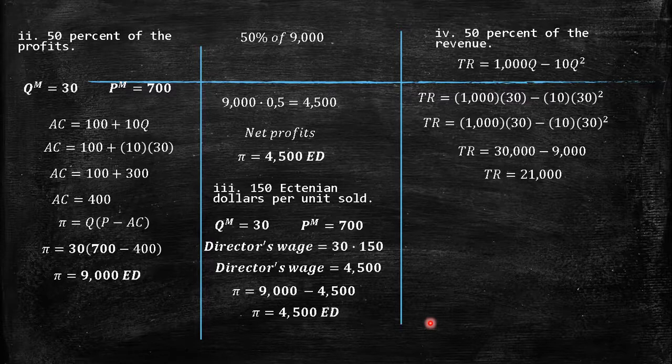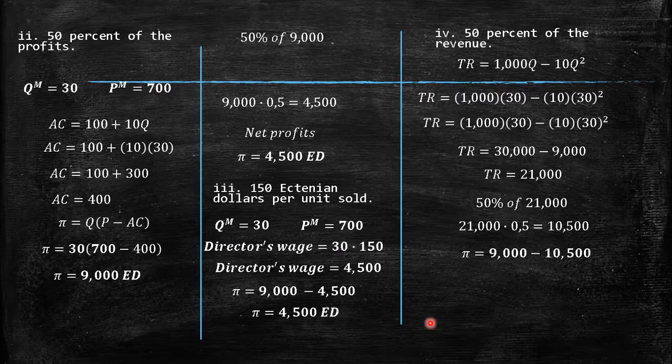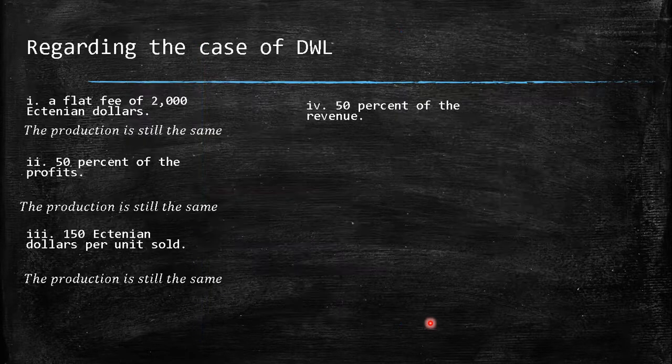Then it should be 21,000 total revenue. Then 50% of this one is 10,500, and the profits, remember, are 9,000. Minus this one should be a loss. Okay, so the first idea, where I just provide a flat fee of 2,000, should be the best one in terms of benefits.